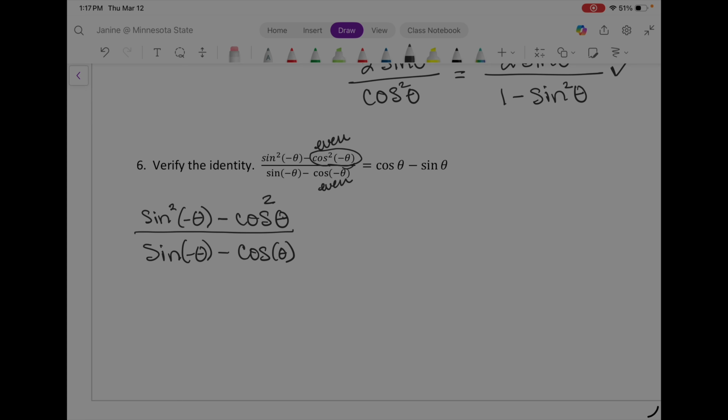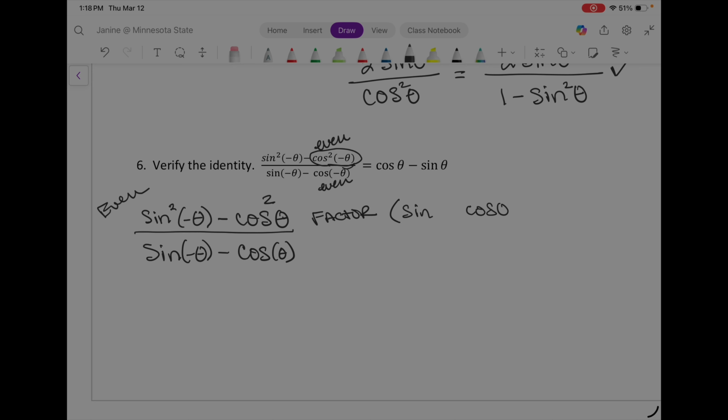Now, the top has a difference of squares, so I'm going to factor the top. So first I did even and odd business, and now I'm going to factor. When I factor, the top becomes sine theta plus cosine. Ooh, I have an error. Let's fix it.